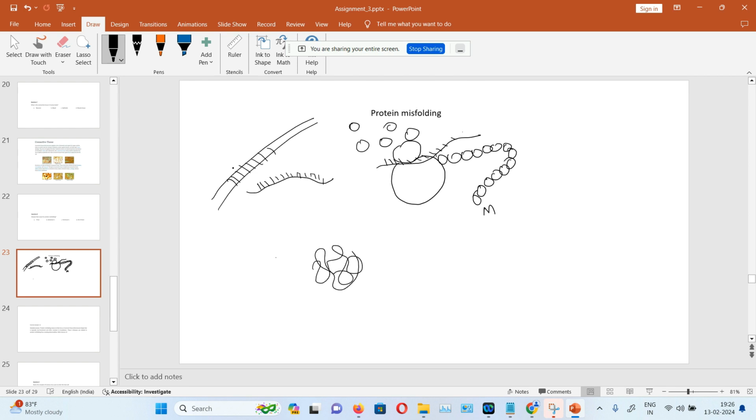That structure is not random; it corresponds to the protein's function. Every protein should have its proper structure, otherwise its function is affected.